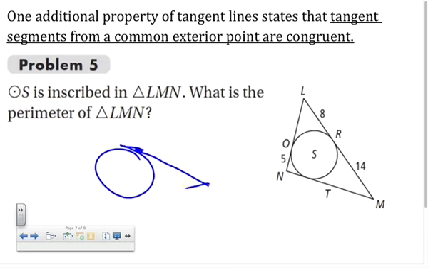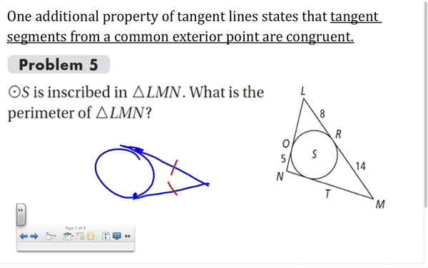There's my point, and there's my point. What this property says is if I have two tangent segments from the same exterior point, those two tangent segments will end up being congruent.